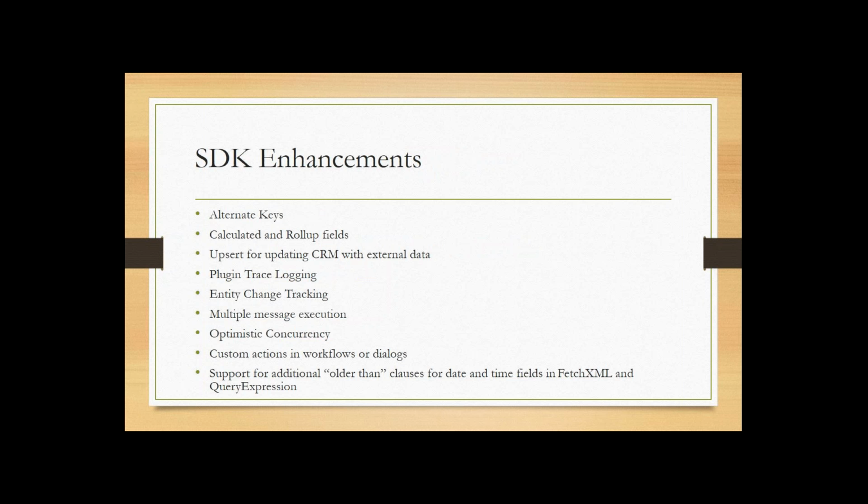First one is alternate key. This is the most exciting feature of CRM 2015 Update 1. As we know, every Microsoft Dynamics entity has a unique identifier known as a GUID. This is the primary key of a particular record. When we want to integrate CRM with an external database, we might be able to add a column to the external database to have a reference to a unique identifier in the CRM.